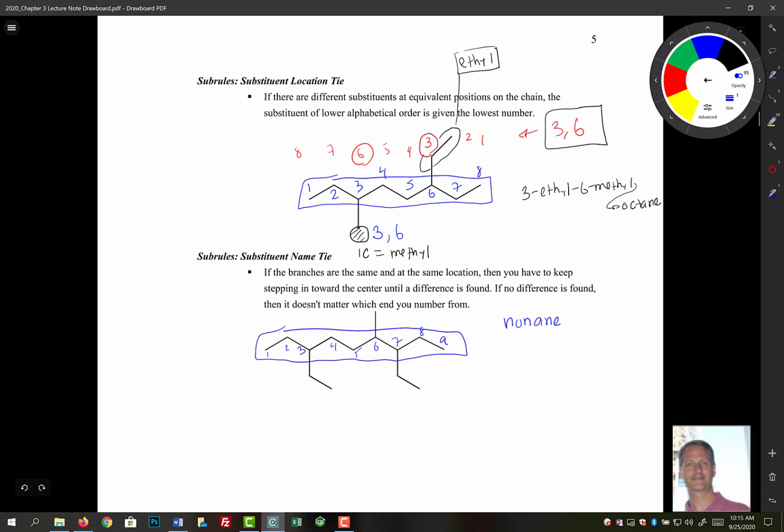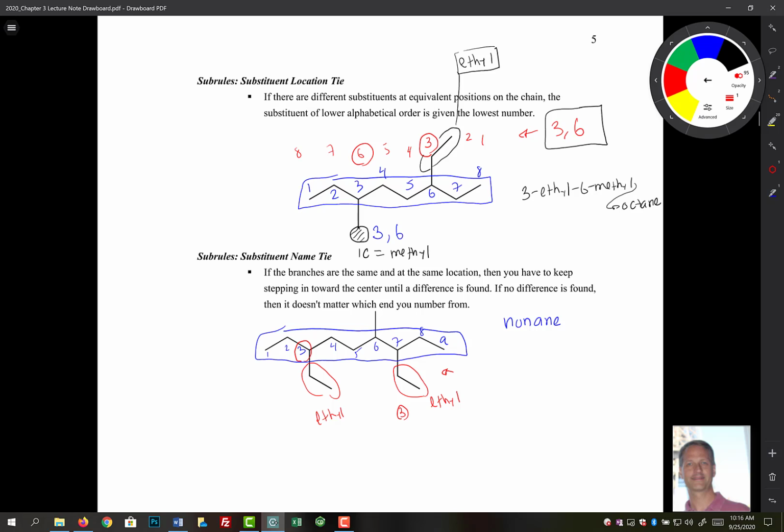I think you can see pretty quickly that we get a number 3 this direction, and if we count going the other direction, that would put this at number 3. And these are both ethyls. So we have a tie in our location and a tie in the name.